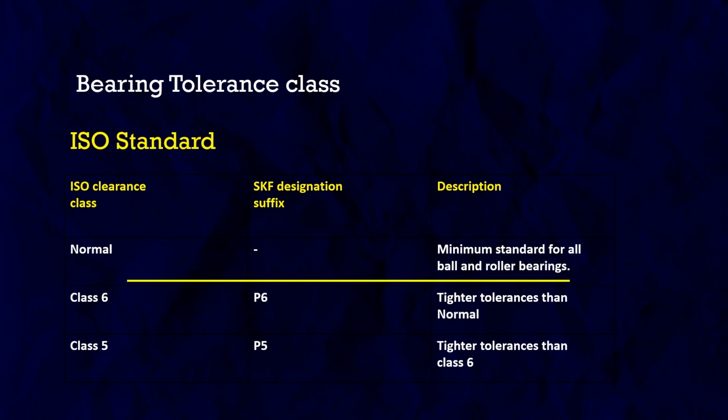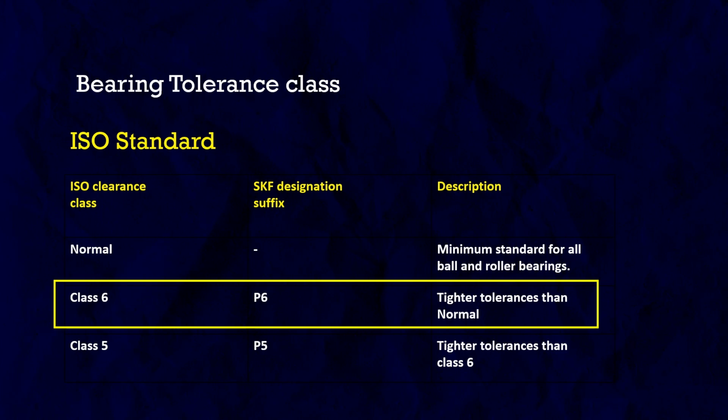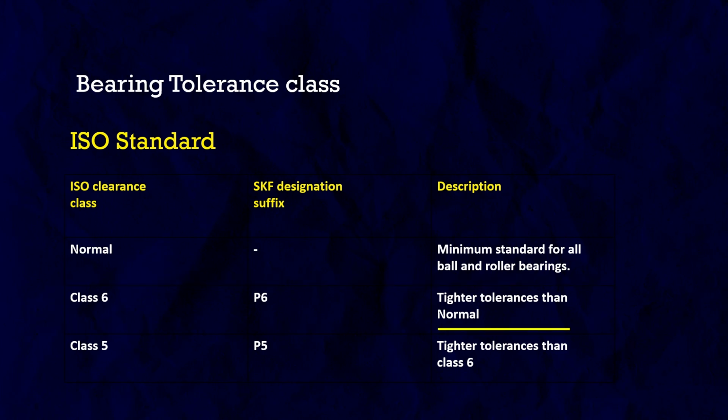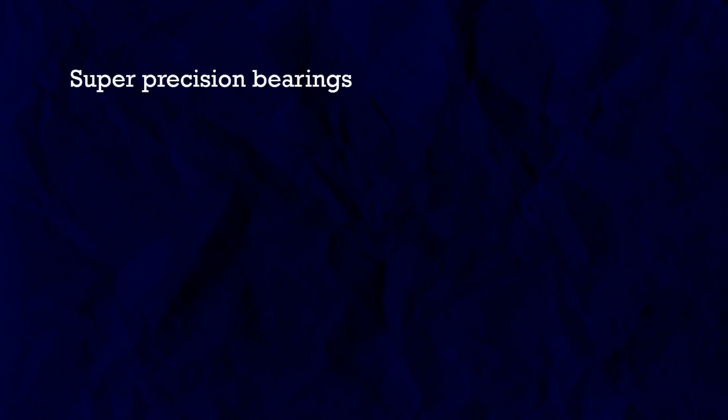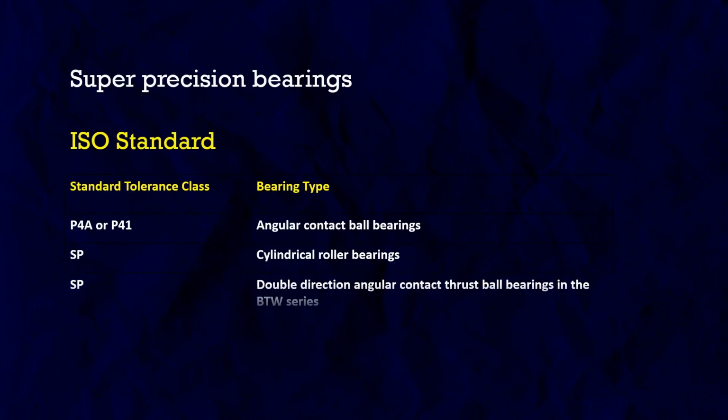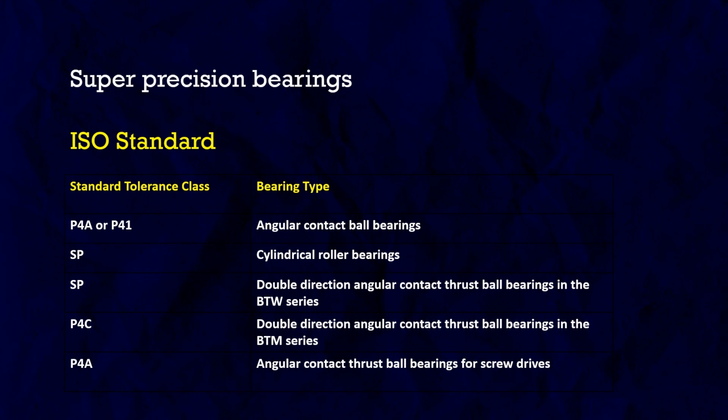Then we have P6, which is a tighter tolerance than the normal class. And then P5, which is a tighter tolerance class than P6. And after P5, super precision bearing grades start. And the grades are something like this. We will cover these things in more detail in the bearing mounting class. But as for now, what is the meaning of this bearing tolerance class?